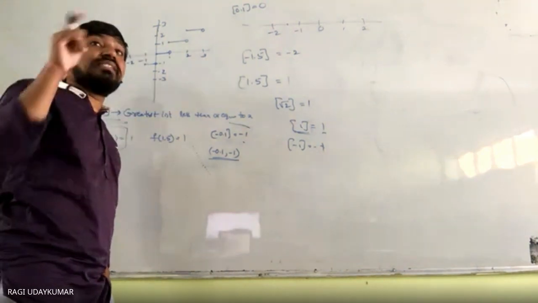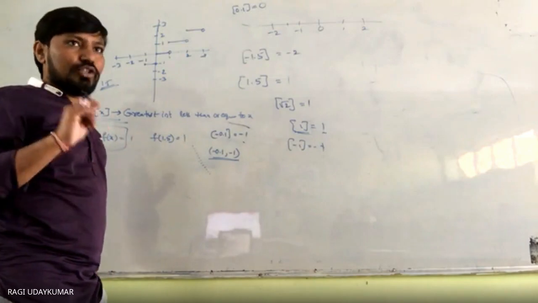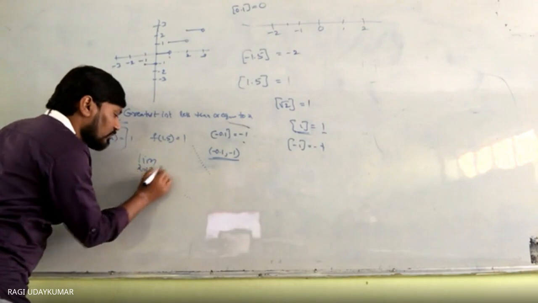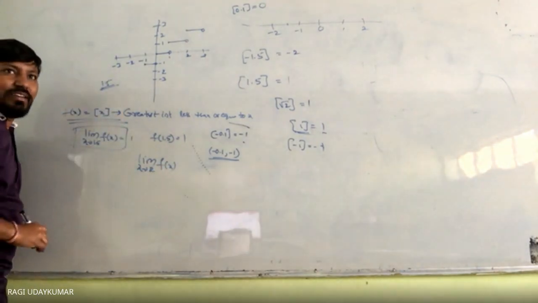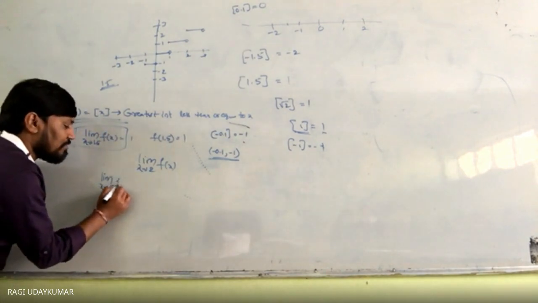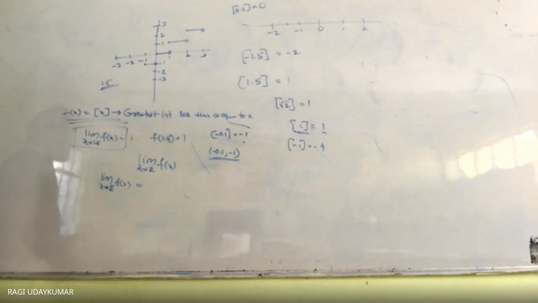But it is not continuous at 2. Why? You need to check the limit x tends to 2 minus of f of x. What is this? Can anyone say?